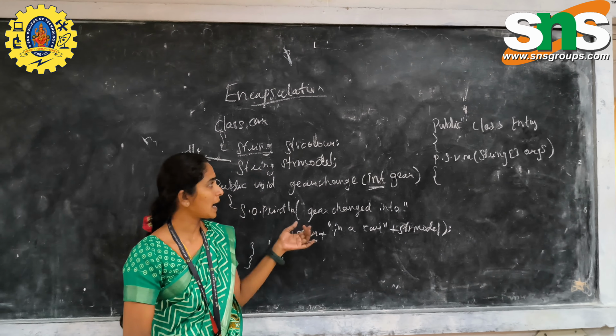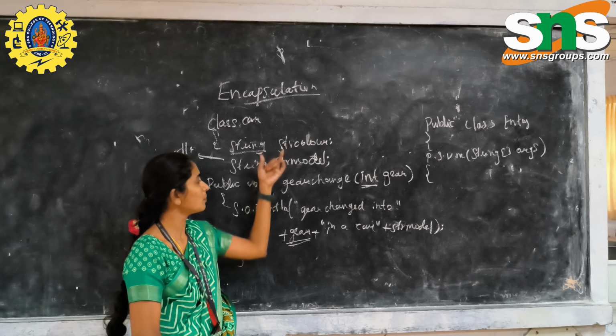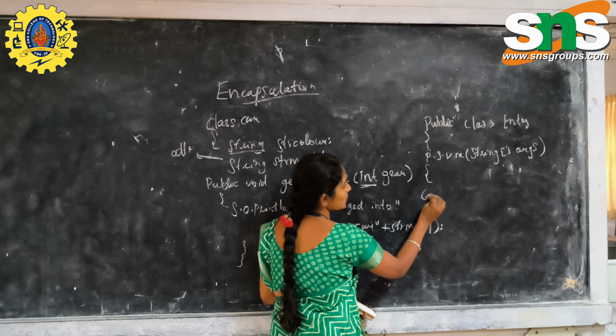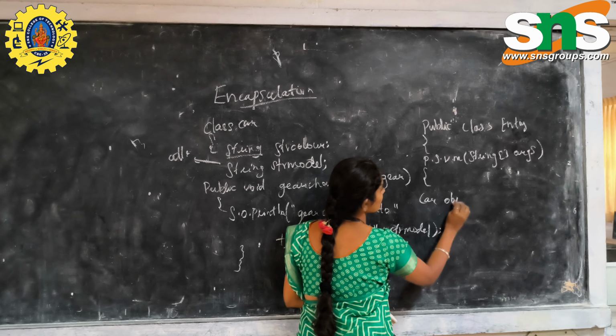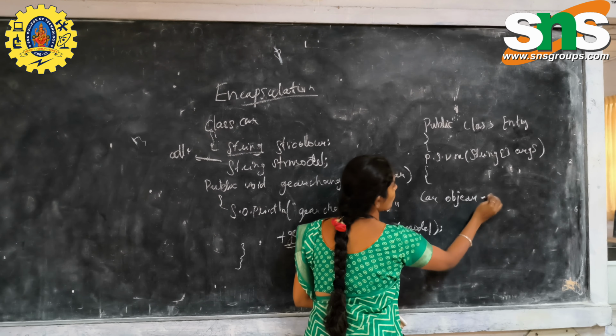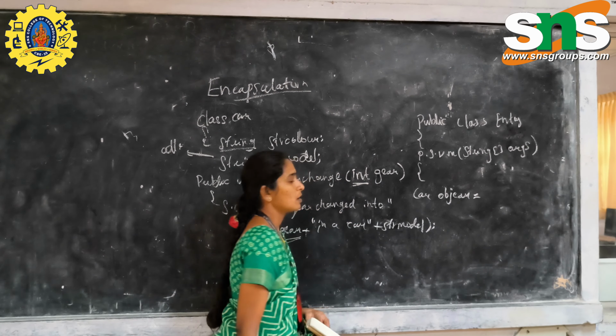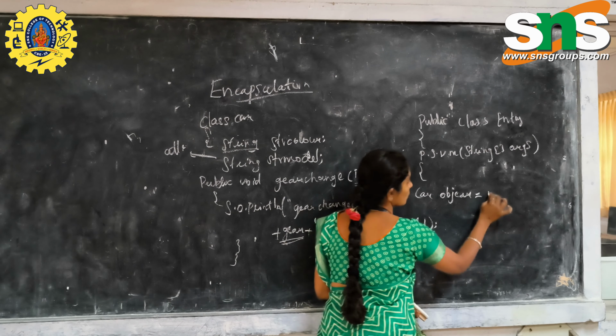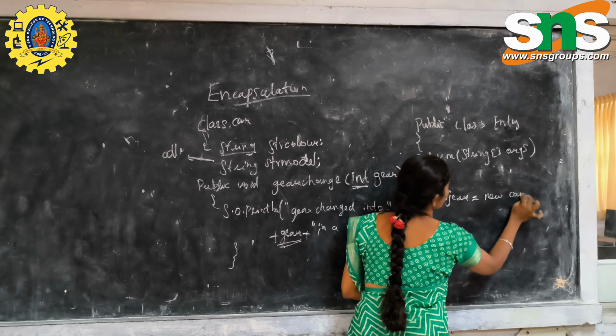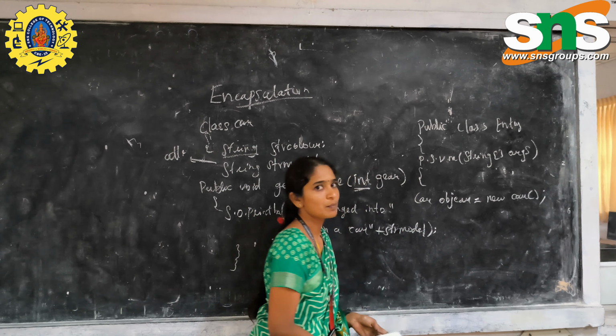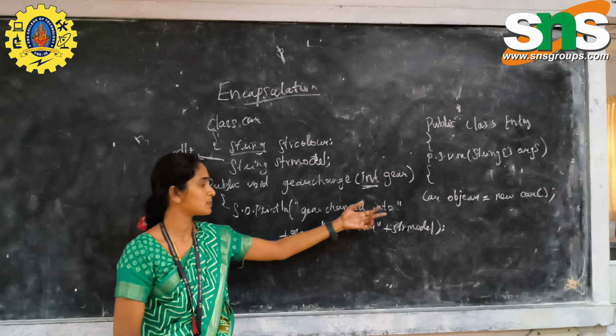In this I have to create an object for the particular class. My class name is car. So object car objCar equal to new Car. This is my object creation.